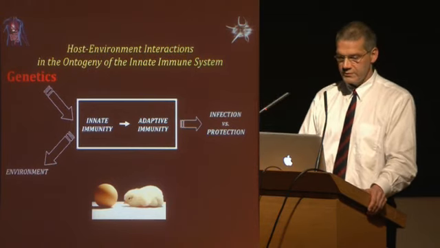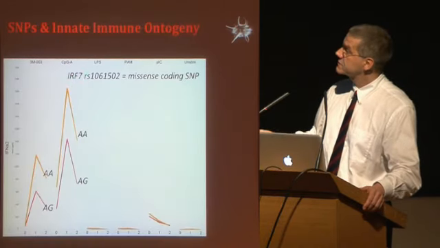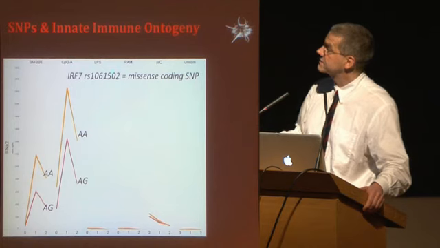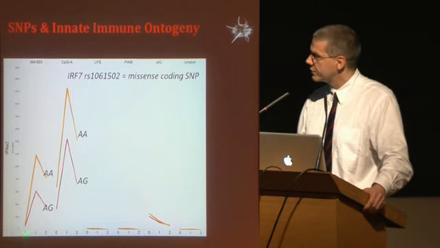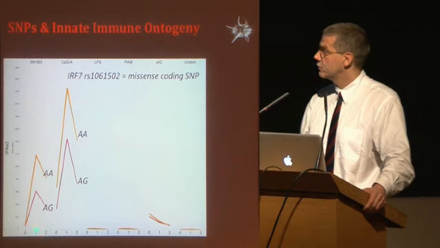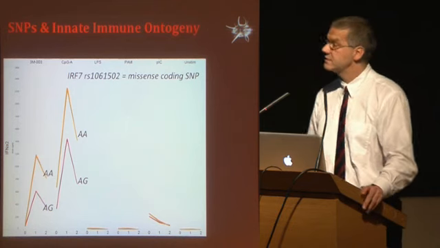And we found the following pattern for just one of the SNPs that was interesting, which is the interferon response factor 7, or IRF7. That's the specific SNP number, and it's actually a missense coding SNP. And at birth, 1 and 2 years of age in the same group of kids, we followed interferon alpha production after Toll-7/8 stimulation.